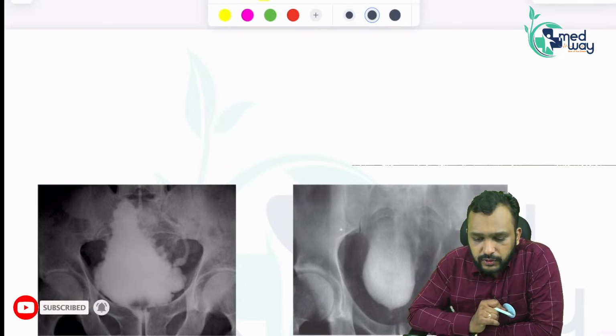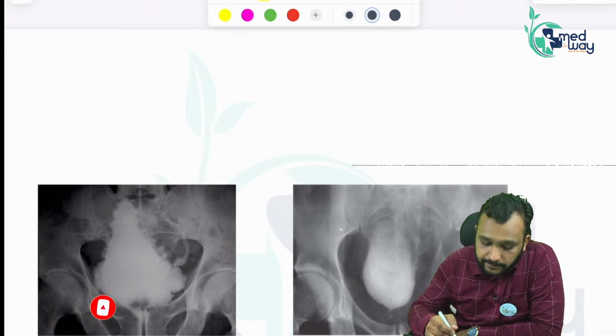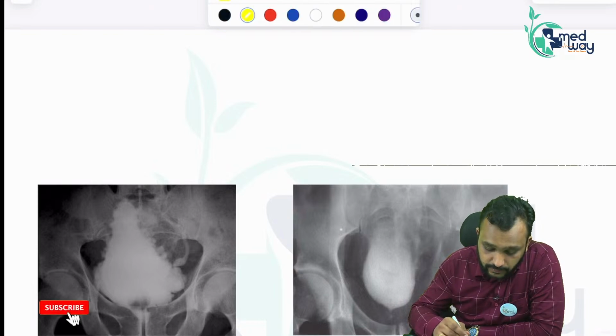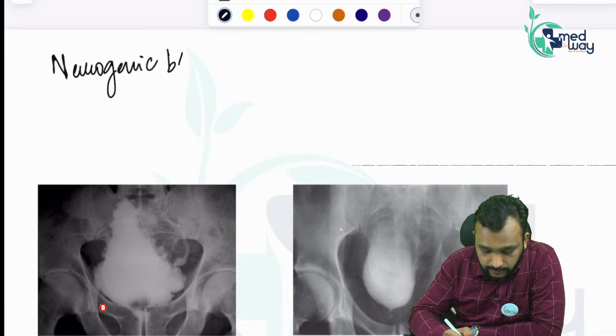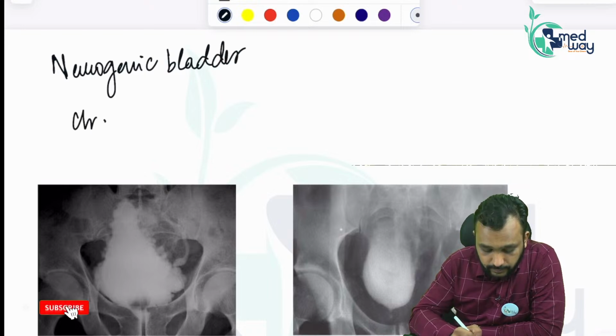Now talking about a few imaging appearances of the bladder. The first one is your neurogenic bladder. In this you are going to get a Christmas tree appearance.